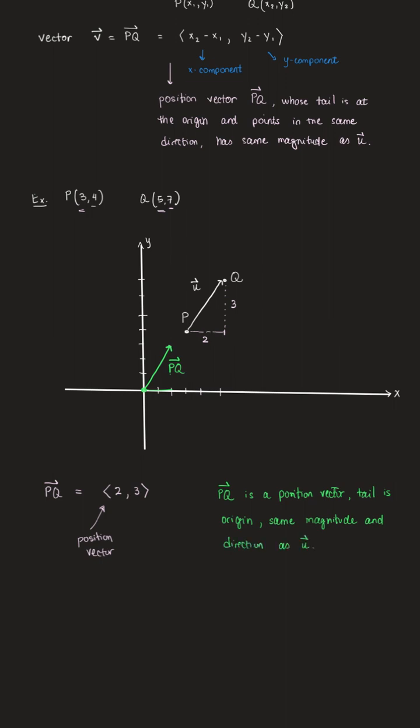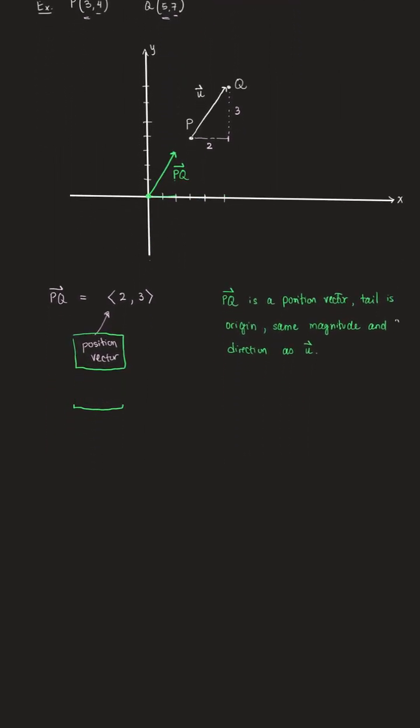But when we subtracted corresponding components, we translated the vector so that it would have a tail at the origin. But we maintained that slope of 3 halves. So this is very important. What a position vector is, is that it always starts at the origin. The tail is at the origin.